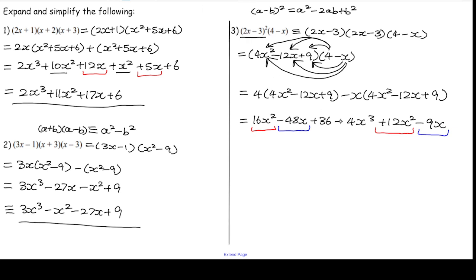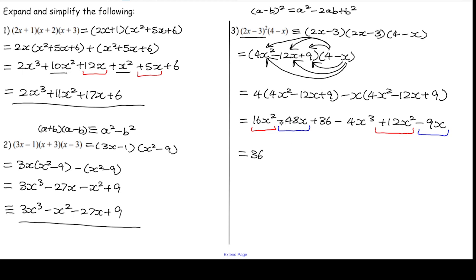Because the x cubed term is a negative, it's better to write this final simplified expression in ascending powers of x, which means we go up in powers. So we're going to start off with the 36, then we're going to have the x term.